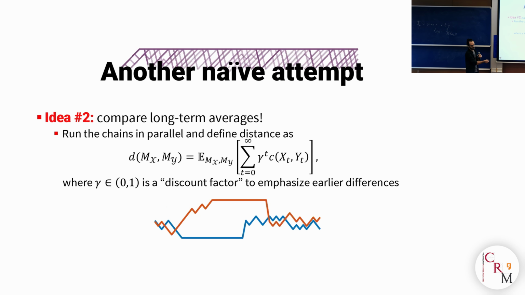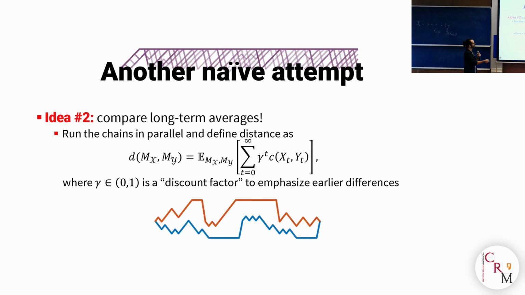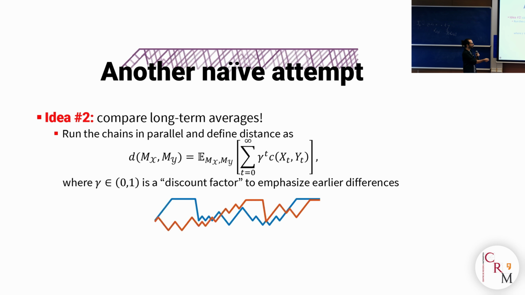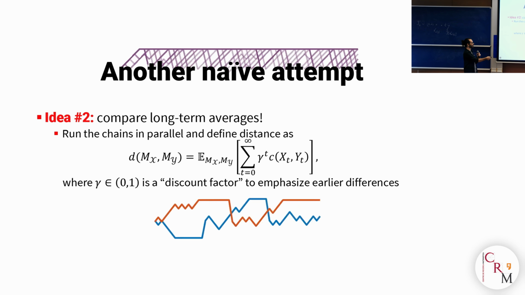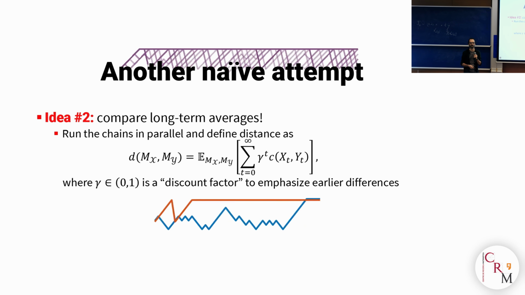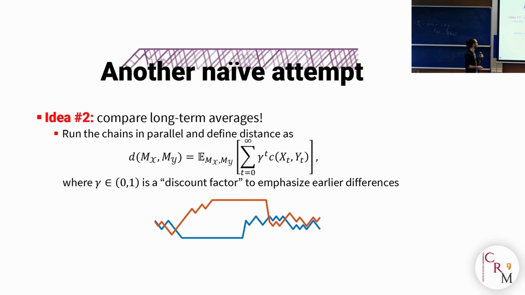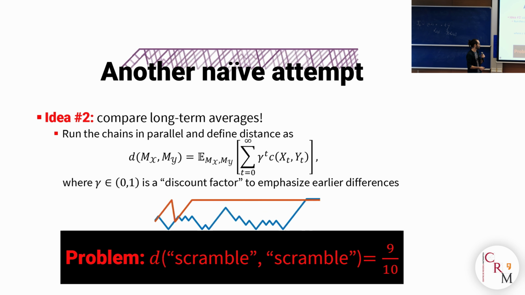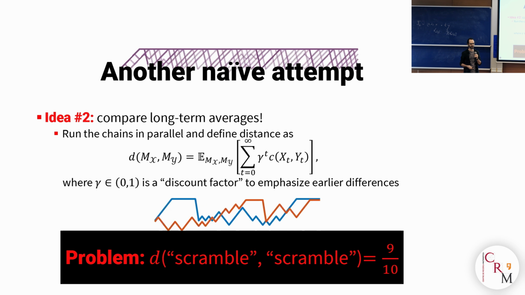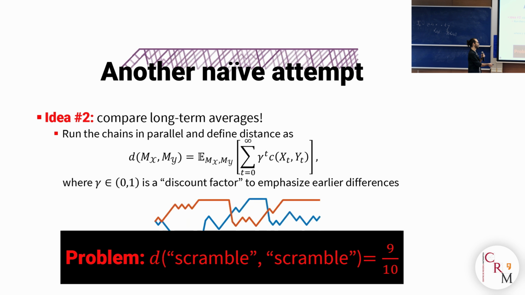If you run these chains independently from each other, they're going to diverge, and the individual costs that you're going to be seeing are going to be terribly big. So in particular, if I'm comparing scramble to scramble, then I'm going to get a non-zero number. This metric is going to tell me that these are different processes, which is nonsense.